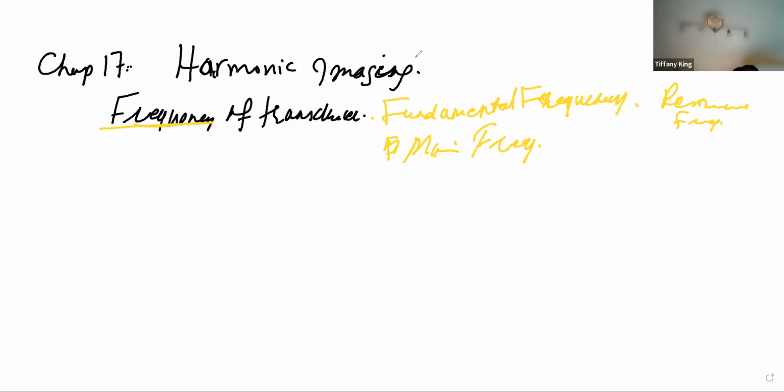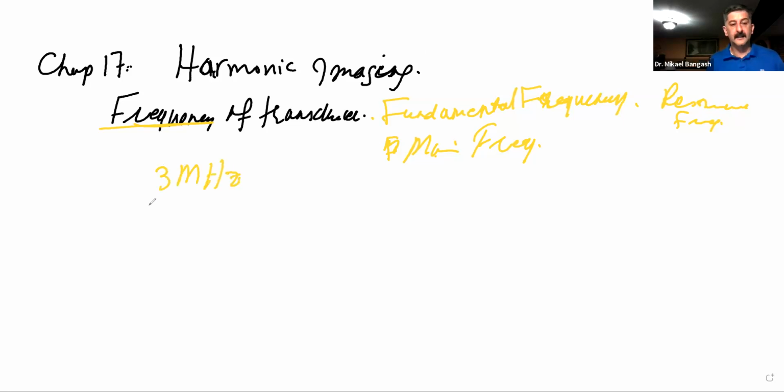Good. Now, just for the example that we may use, say a transducer has a frequency of, let's say, 3 megahertz. That's the main frequency, the fundamental frequency, the resonant frequency of the transducer. Clear? So it produces a sound wave with a frequency of 3 megahertz.